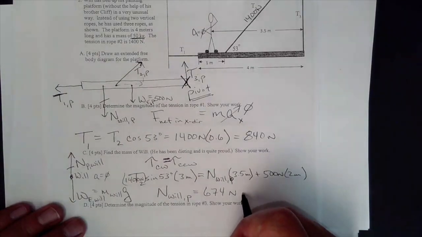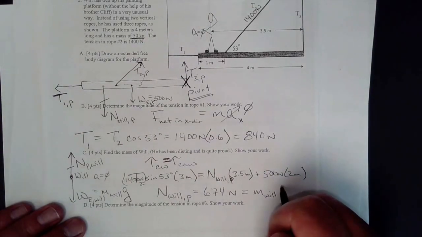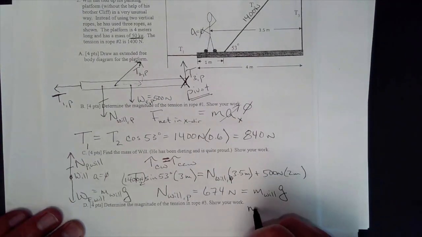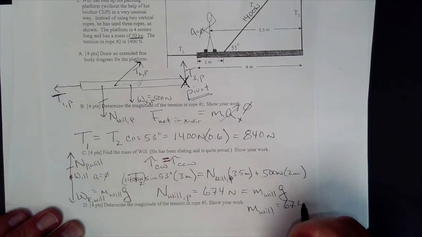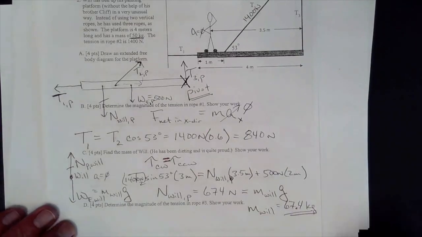Now again, that's going to equal the mass of Will times g, where g is 10 newtons for each kilogram, and that's going to give me the mass of Will is 67.4 kilograms.